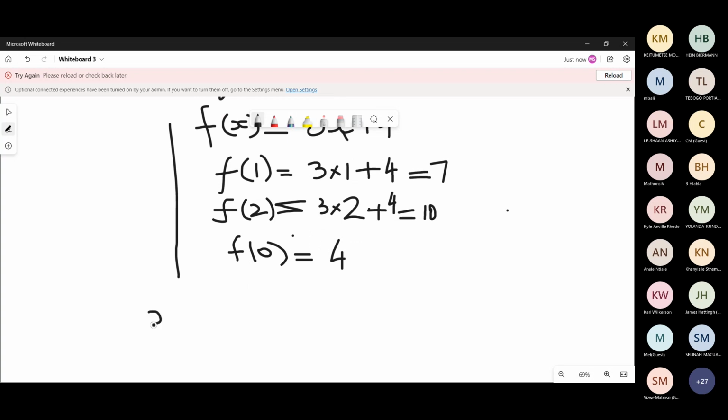Now, this is a function. To every value x, we associate another number that is f of x, called the image of x by the function f.